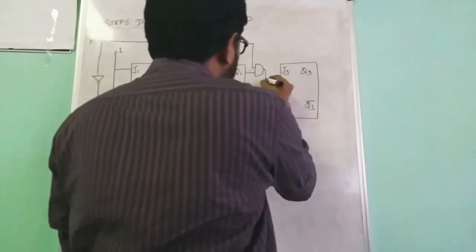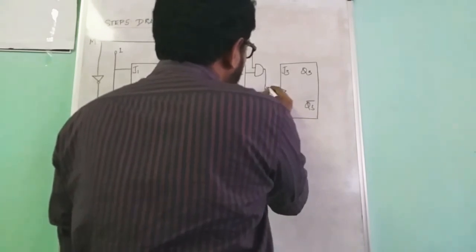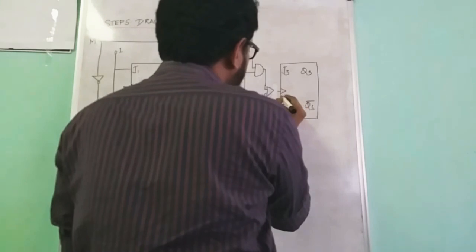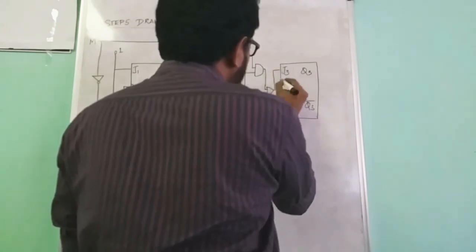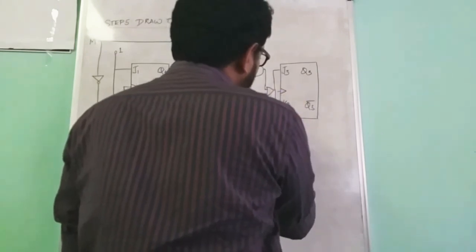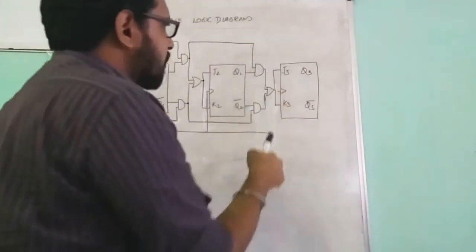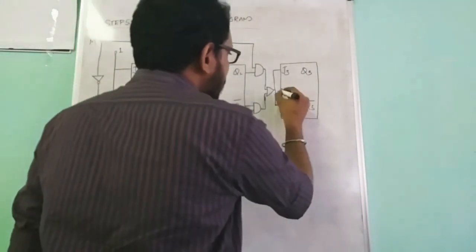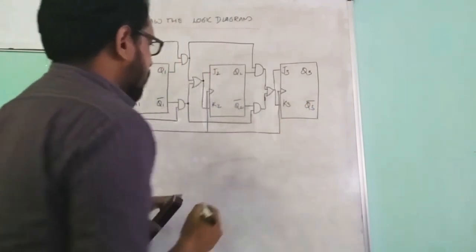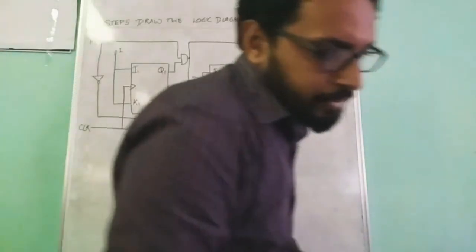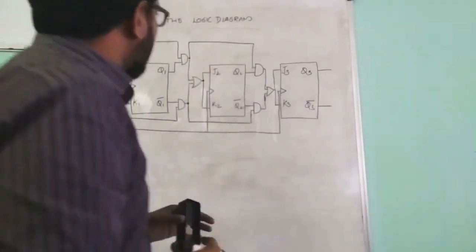So always go for drawing with a pencil. This is the OR gate, and from the OR gate we took one connection to J3 and one other connection to K3. Okay, and this is the clock.